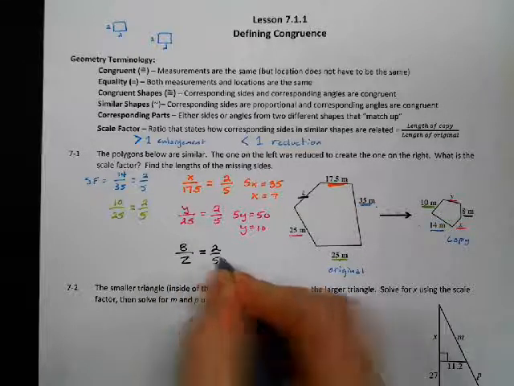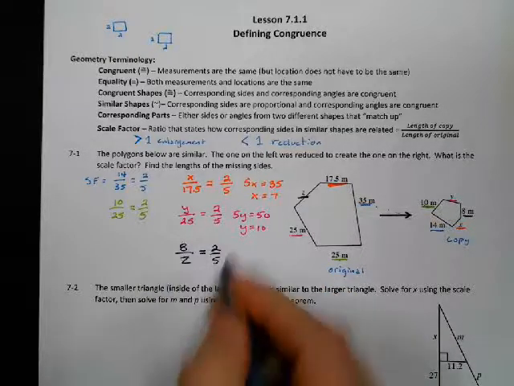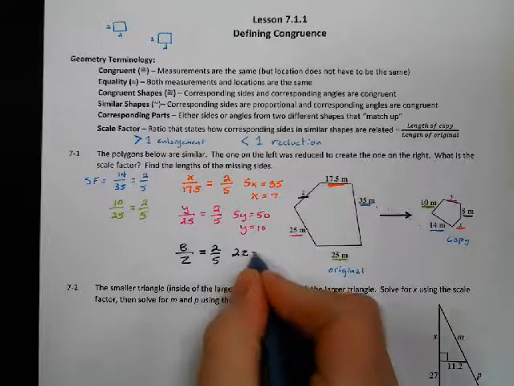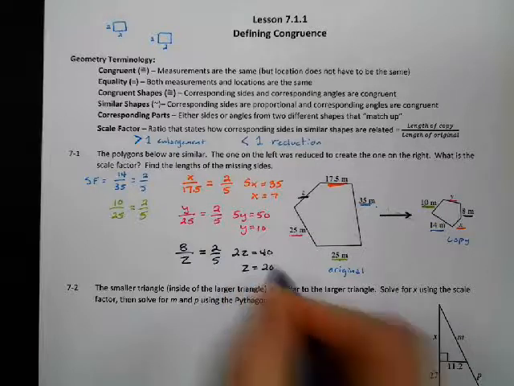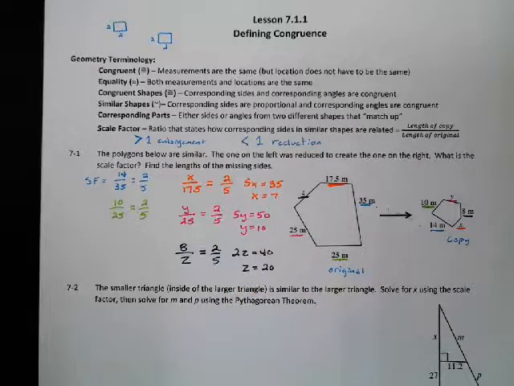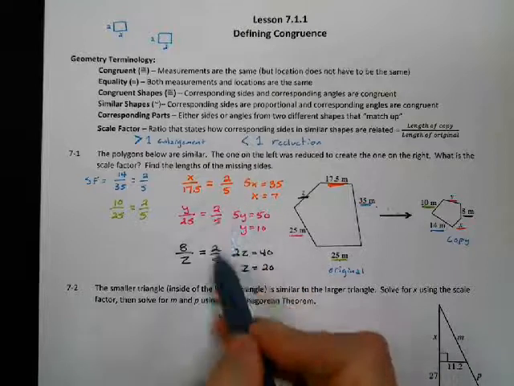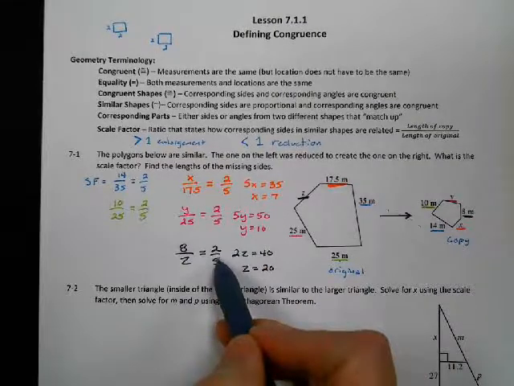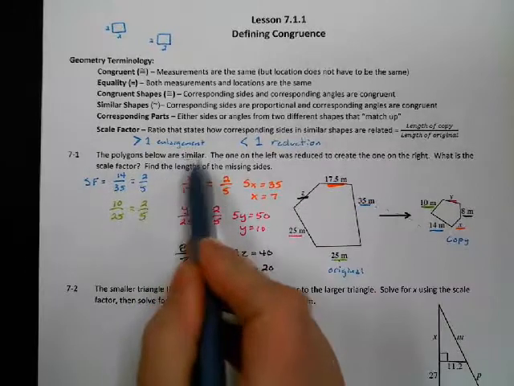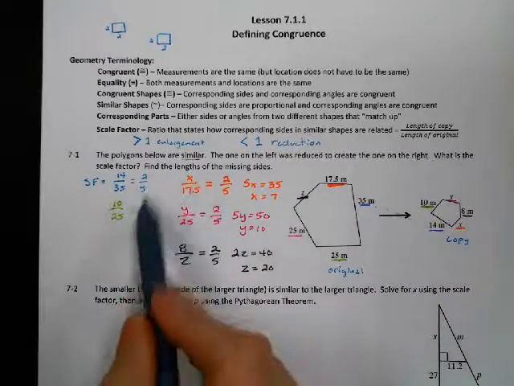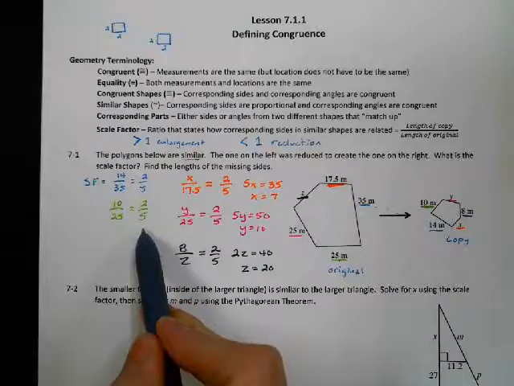So doing cross products, I would get 2z equals 40, divide by 2, and z would be equal to 20. And now we have found the missing lengths by setting up these proportions. Because all of the sides, since they are similar, should have the same scale factor of 2/5 when comparing the copy to the original.